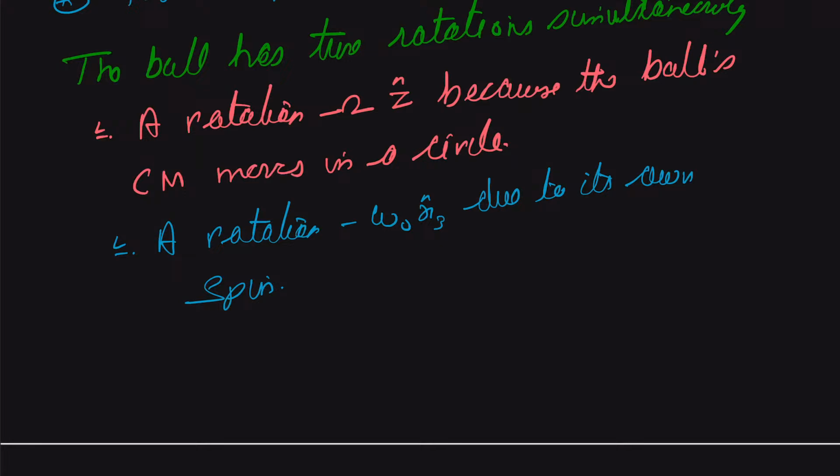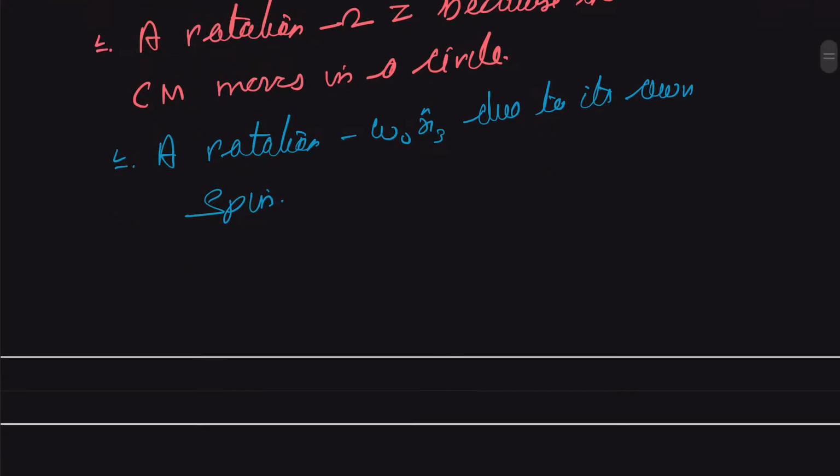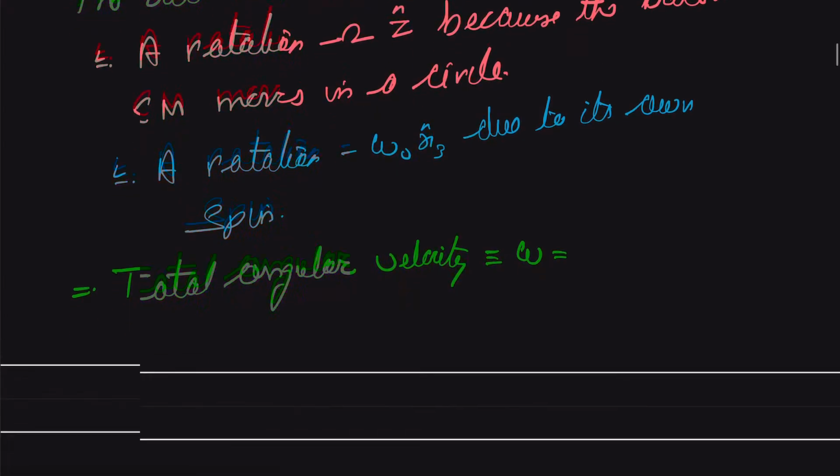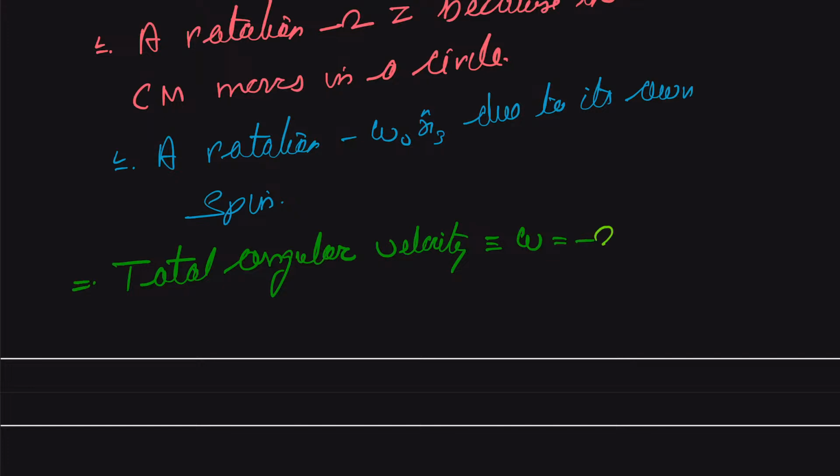Therefore, we can say that the total angular velocity, and let us call this as omega, and this omega will be equal to our omega z unit vector minus omega naught x3 unit vector.